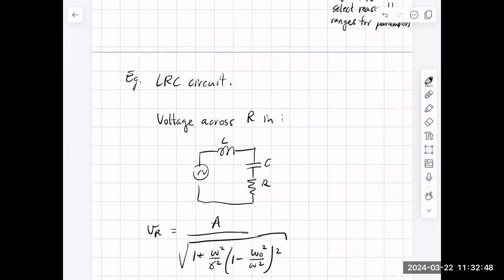So this is a complicated nonlinear function. It has parameters A, gamma, and omega naught.